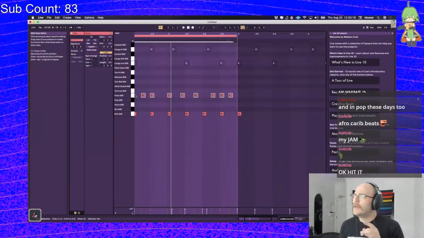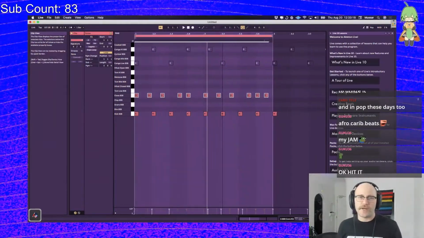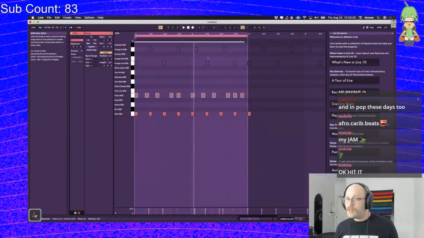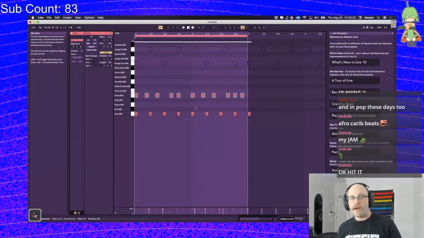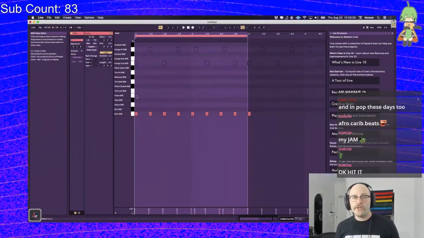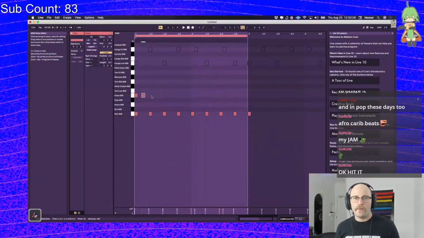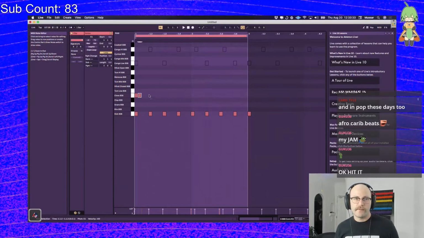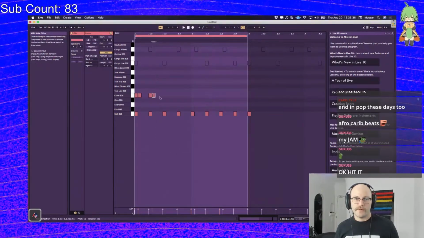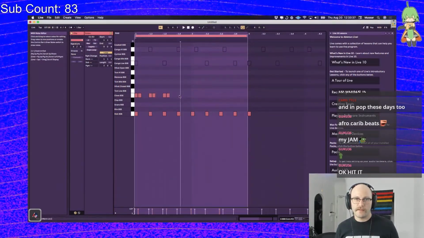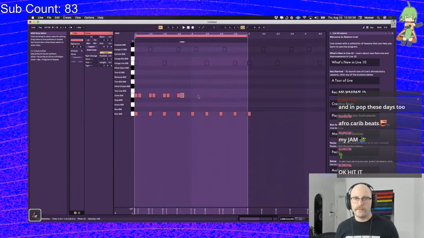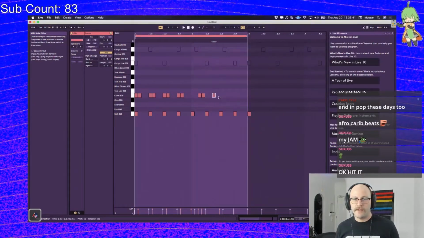Now, a couple of things on syncopation that I learned in school that might help, especially with melody writing. Now, I want you to think about how this feels right here. I'm going to do this, and then I'm going to do this.